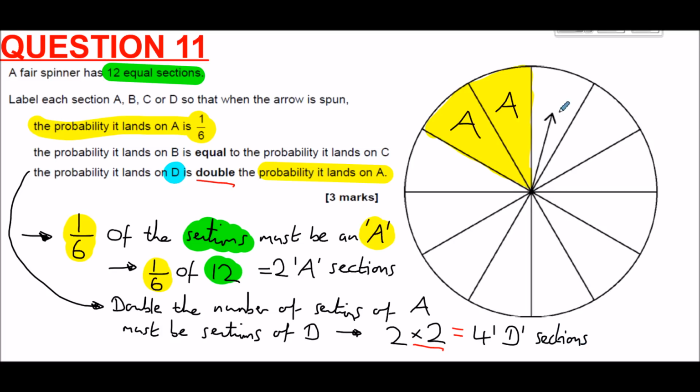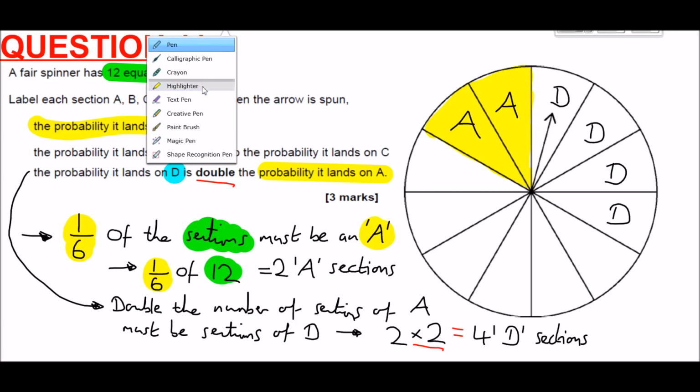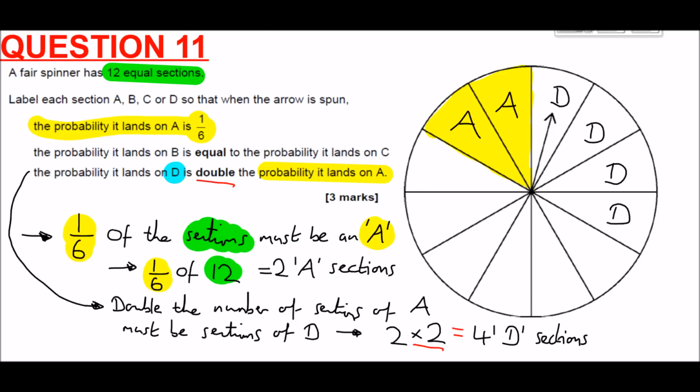So then in any order, we can label 4 sections D. You don't need to put the D's together. You can put the D's in any order, anywhere on the diagram. It really doesn't matter. So I'm just choosing to put them next to each other so I don't forget one, for example. So 4 sections are a D.